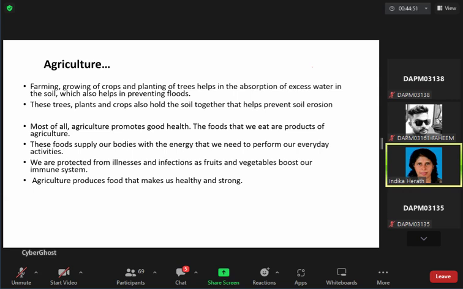And most of all, agriculture promotes good health, because if you make the right choice in food, especially the pattern of consumption, we have naturally grown food from the agriculture sector. So if we make the right choice, we can have a healthy life. These foods supply our body's energy and other nutrients needed for the maintenance of our life.